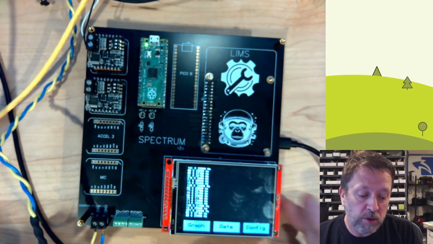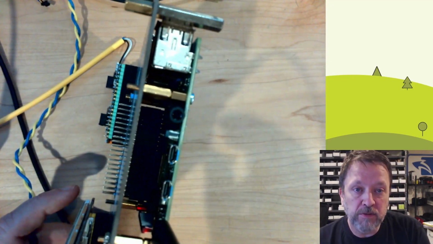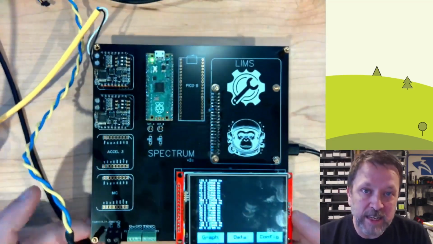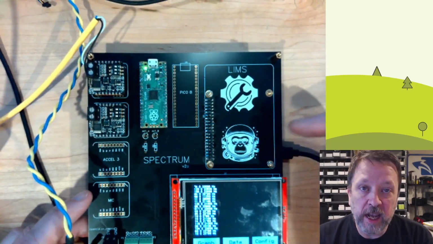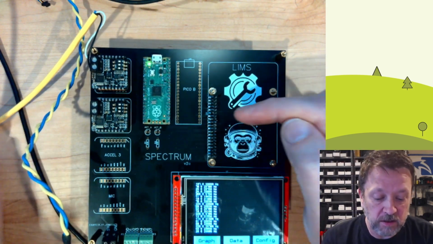I then moved up to a Raspberry Pi, and I used a Raspberry Pi 4 here. The challenge with a Raspberry Pi 4 is it does not have an A to D on it, right? So we need an A to D in order to be able to take in this analog signal.